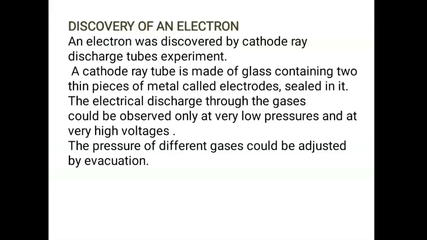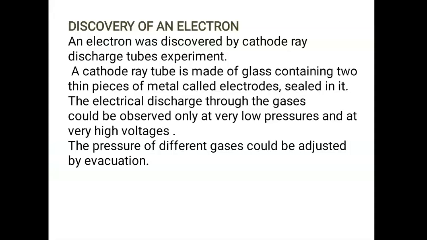That experiment was based on the conduction of electricity through gases at low pressure. So what he did, he performed the experiment in a discharge tube which is almost 60 centimeter long, made up of hard glass, and it had two electrodes, cathode and anode, present in the sealed tube, means the tube was sealed from both the ends.